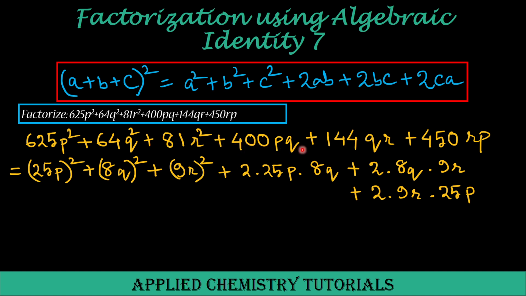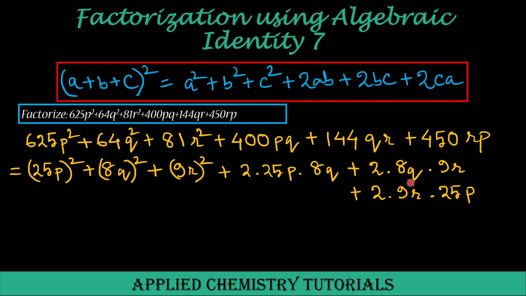Now we can rearrange plus 400pq as plus 2 multiplied by 25p multiplied by 8q, plus 144qr as plus 2 multiplied by 8q multiplied by 9r, plus 450rp as plus 2 multiplied by 9r multiplied by 25p.